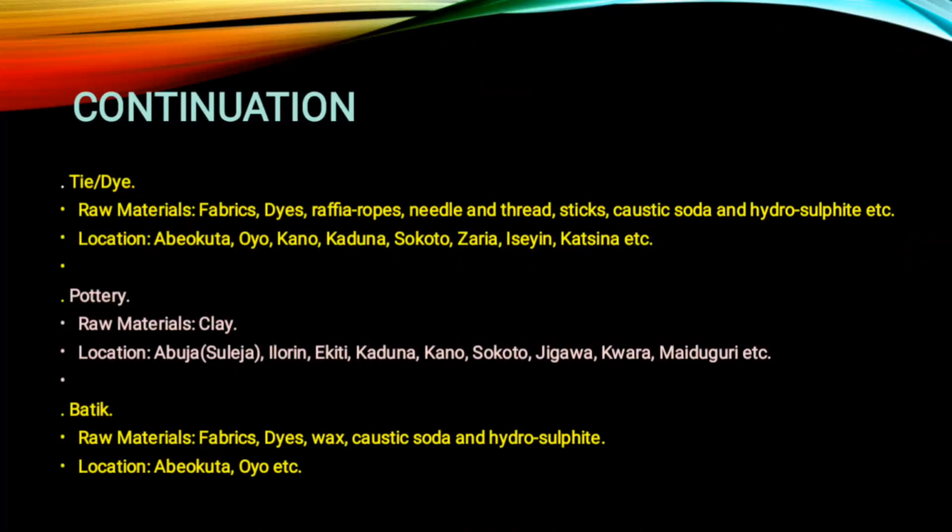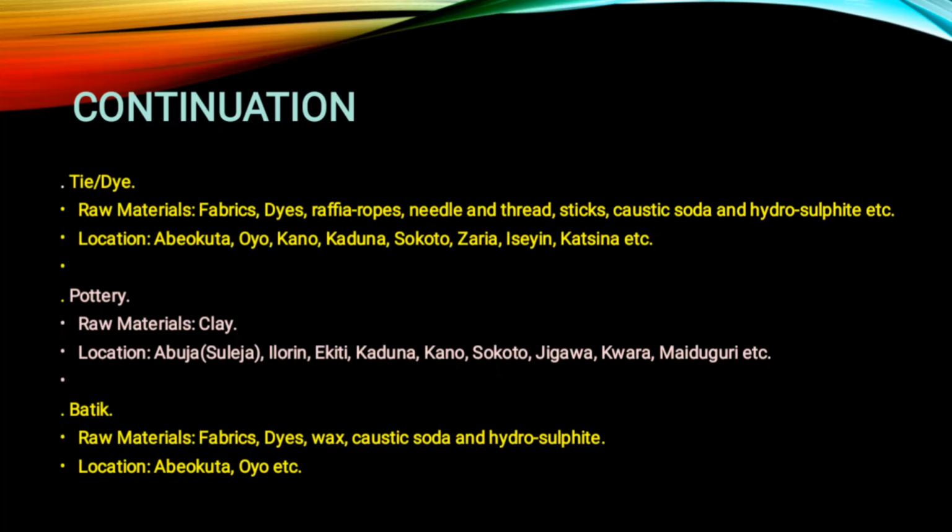Now, let's continue. We have tie and dye, which is also called adire in the Yoruba language. Our raw materials are fabrics, also known as clothes, and different dye colors.